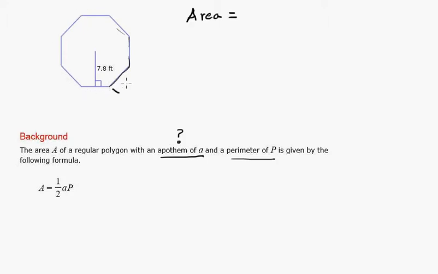Since the sides are equal, it's whatever this measurement is times 1, 2, 3, 4, 5, 6, 7, 8. So it's 8 times whatever this measurement is, the perimeter. Now, the apothem is the distance from the center straight down to one of the sides.